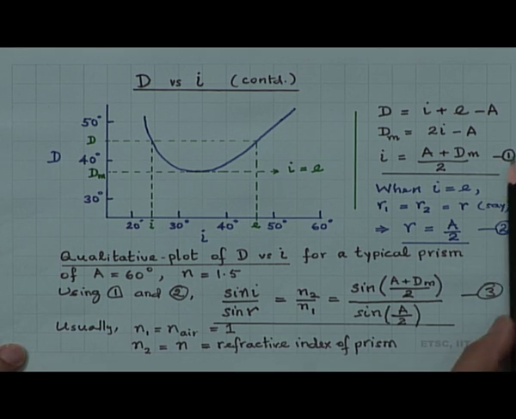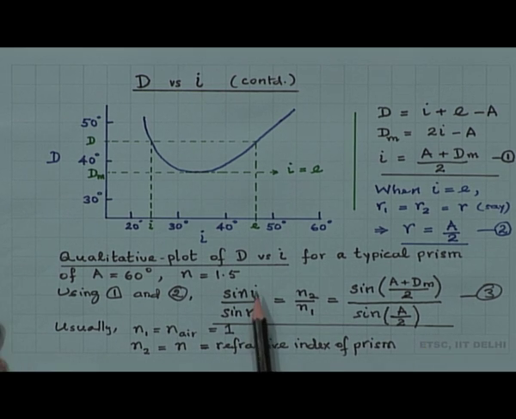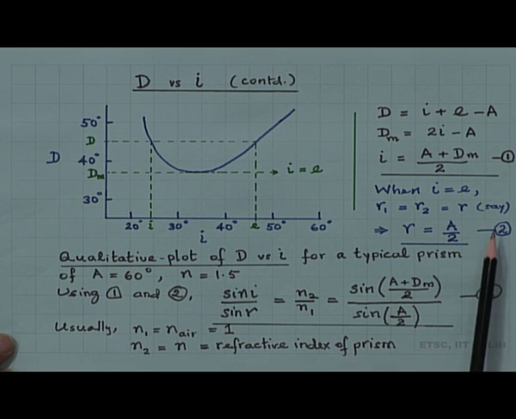Now, using these two equations 1 and 2, we apply Snell's law: sin I by sin R is equal to N2 by N1. Substituting for I and R from 1 and 2, we have sin of (A plus dm) by 2 divided by sin A by 2.